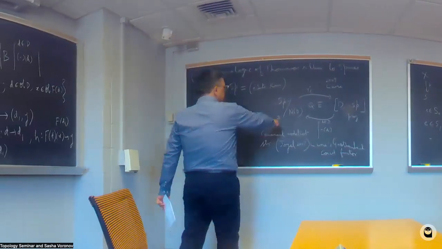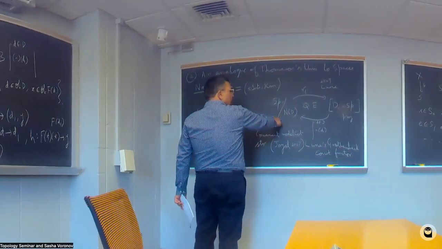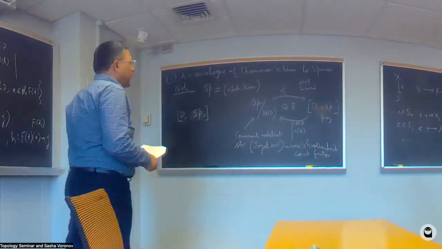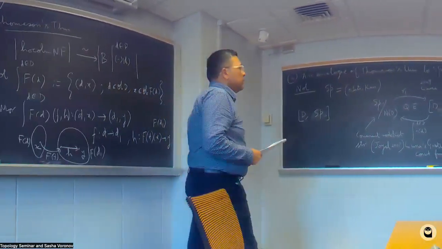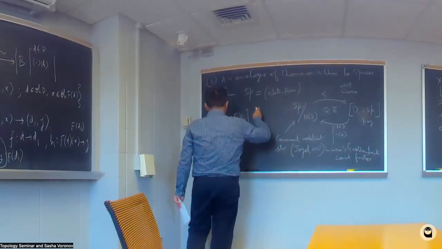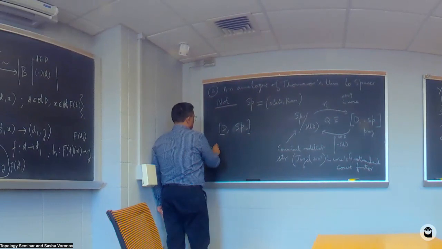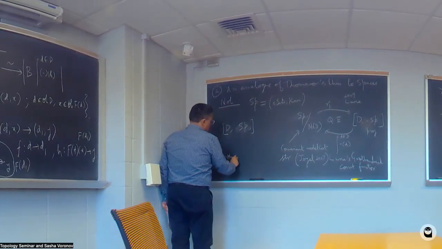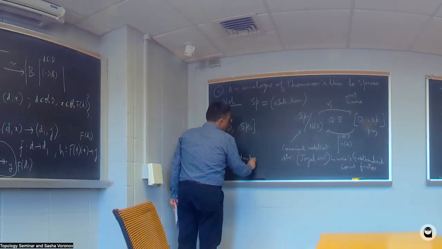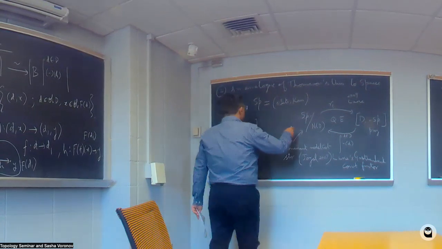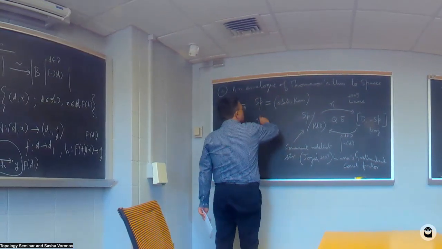This is the model category used, with fibrant objects the left fibrations. This was done by Jacob Lurie in 2009. Now in 2014, Heuts and Moerdijk wrote functors in the opposite direction.